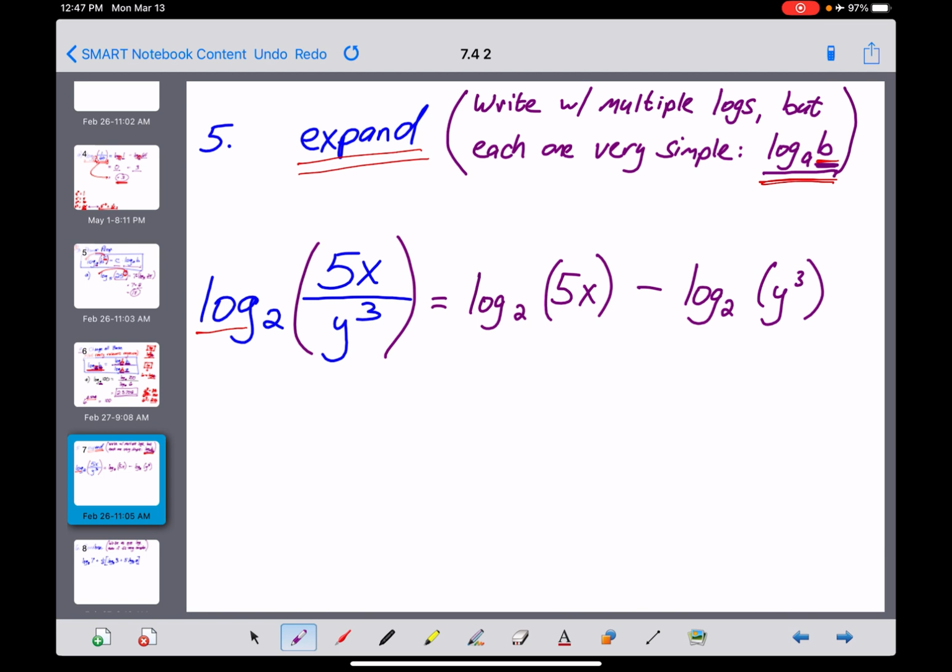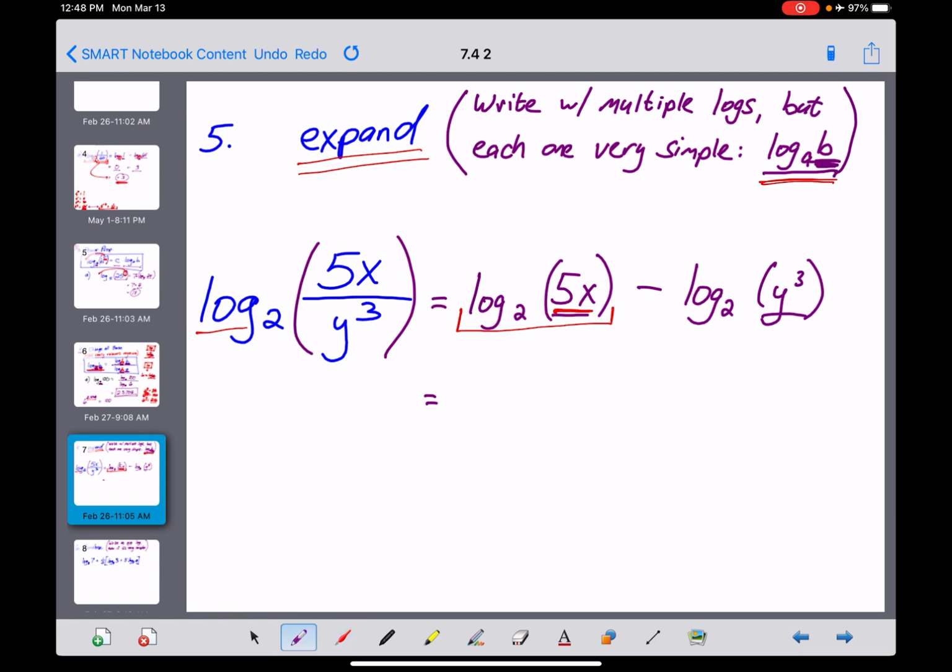So we just used the quotient property there in order to do that. Now, we've made progress right here. We've broken one logarithm down into two, but remember, b needs to be a single number. That's not a single number, and neither is that. So what are we going to do with each one of these? Well, this first logarithm right here is the logarithm of a product, 5 times x.